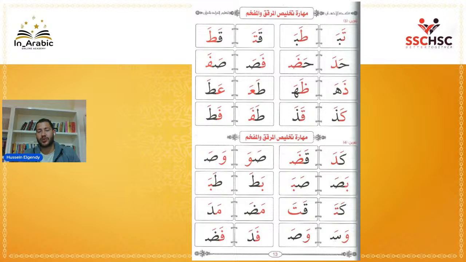It will go both ways with the same pattern. You have two letters. One of them is making the light sound, one of them is making the heavy sound. The first letter will be with the light sound, then the second will be with the heavy sound. So I'll just read, and you have to focus and try to pronounce both light and heavy letters. So ha, da, ha, ba.